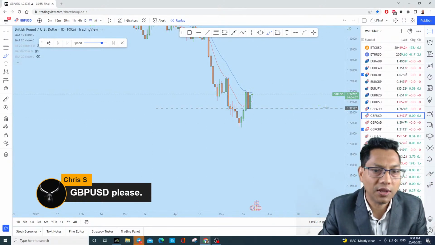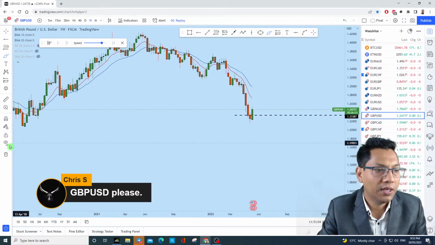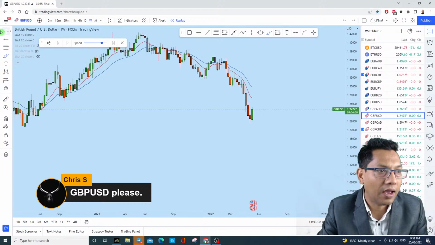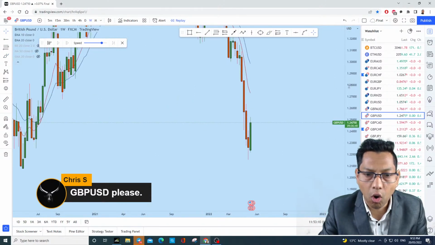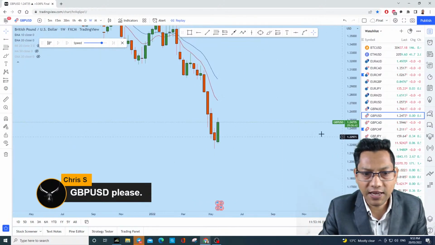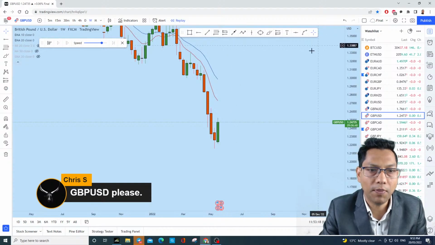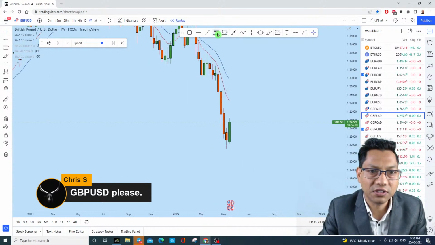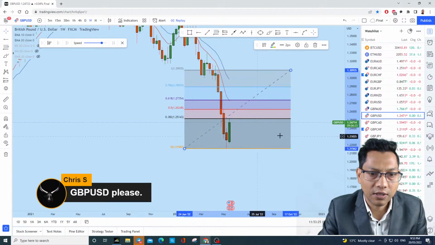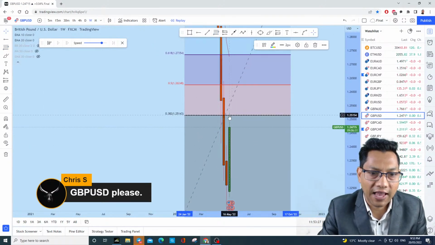Let me see the weekly. Look at this. This is the GBPUSD weekly candle. Now, this is a long-term bearish market, right? From this support we have seen a bounce. At any point it could start a bullish move, but what I think is, let me first take a Fibonacci level from this move. For this move, you see the price, look at the Fibonacci level, exactly 38.2.